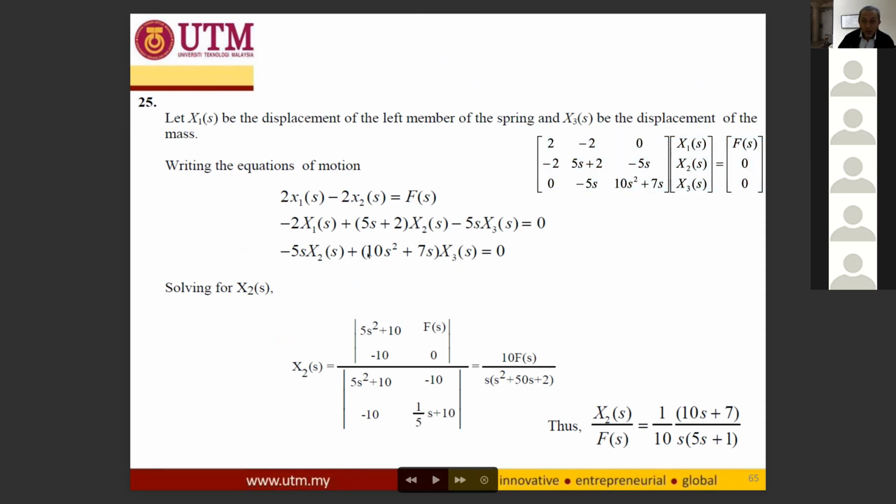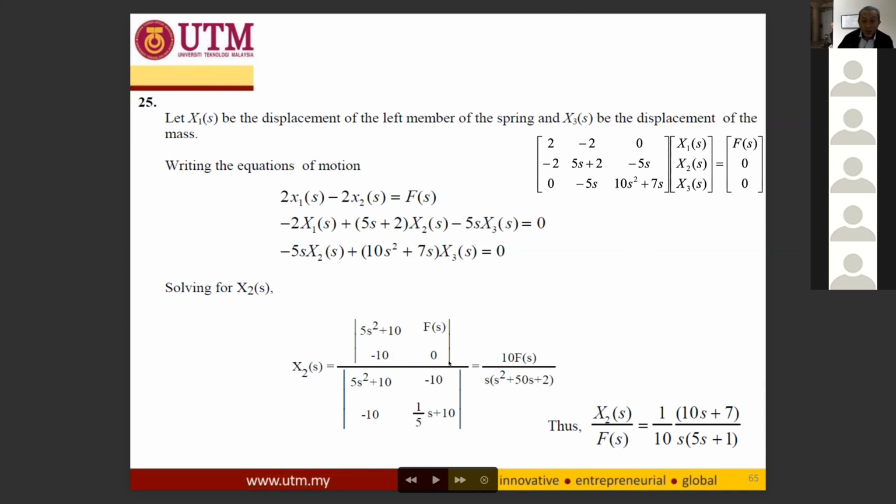In order to find x2, we have to use Cramer's rule. You use Cramer's rule, which is 5s squared plus 10, Fs, minus 10, 0, over 5s squared plus 10, minus 10, minus 10, 1 over 5s plus 10.